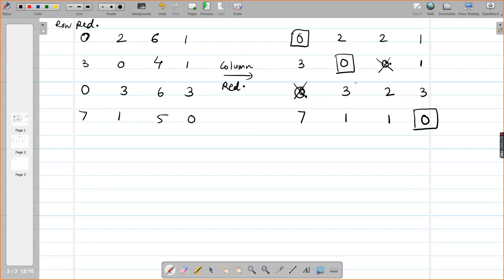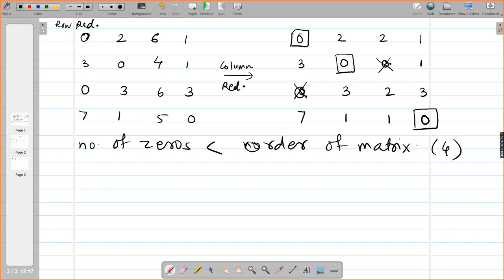If you choose the third 0, you have to cross the second column 0. So the number of zeros is only 3. So you may write here: number of zeros is less than the order of the matrix. Order of matrix is 4 and number of zeros are 3.